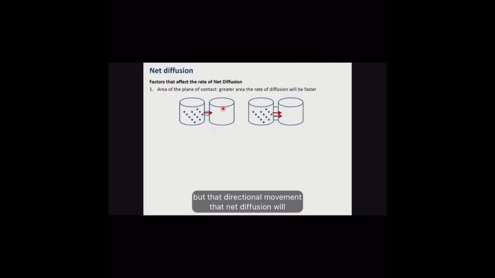But that directional movement, that net diffusion, will be larger. The rate of movement will be larger if we have a bigger pathway. So imagine I have these tiny little super balls, right? You guys know the ones that you bounce everywhere, and I have that door. Okay? If I start bouncing 100 balls here and maybe just 2 in the other room, the net movement is going to be in that direction because it's more likely that they'll collide here, all of them, with each other and the walls, right?